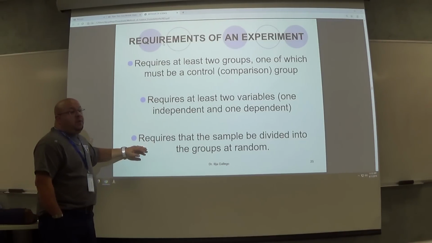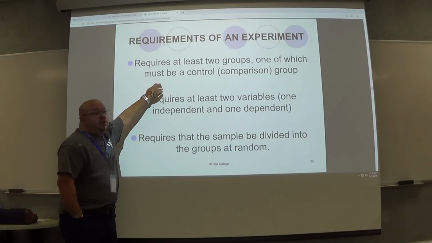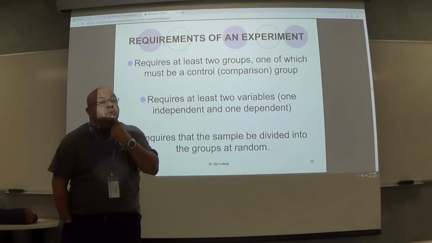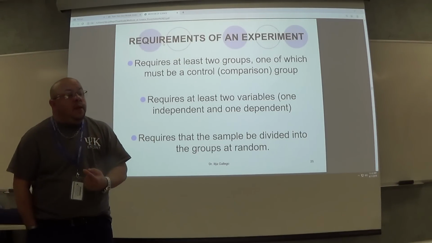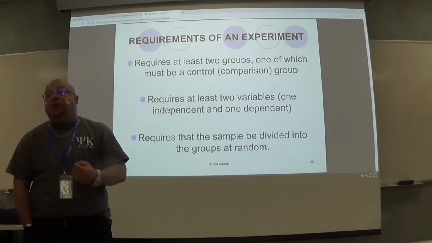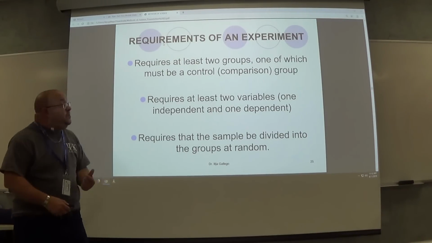And then also it requires that when we divide our sample into those two groups, that we do so through random assignment, meaning that everyone in the sample has an equal chance of getting put in one group or the other. And we'll explain later why that is.